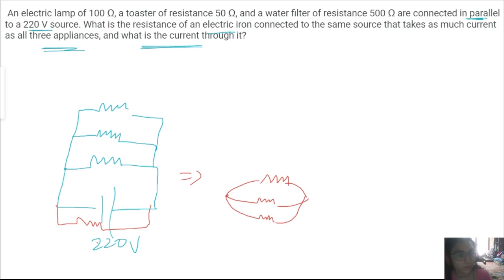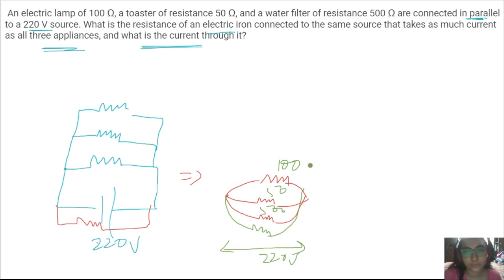And I'll just draw with a separate color. And we have to automatically assume that this is the 220 volt. Okay. So 100 ohm, 50 ohm, 500 ohm, right?